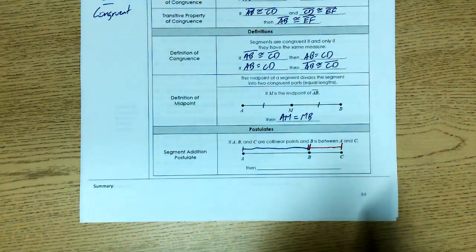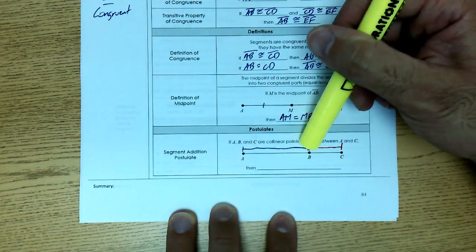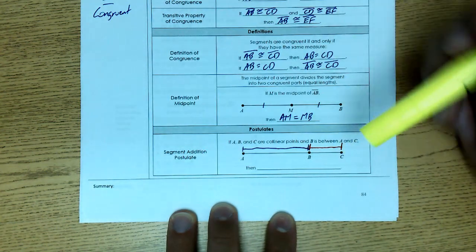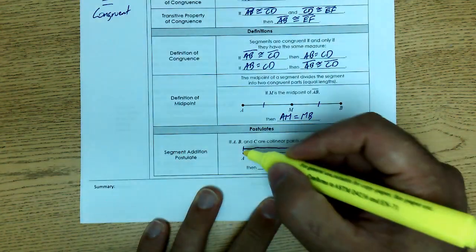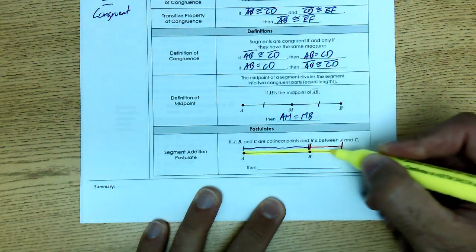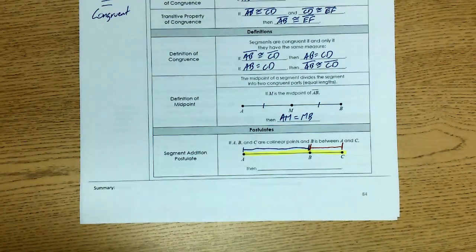Well, if we're adding, we're trying to equal it to something. So AB plus BC is going to equal what? Well, it's going to equal the whole line.